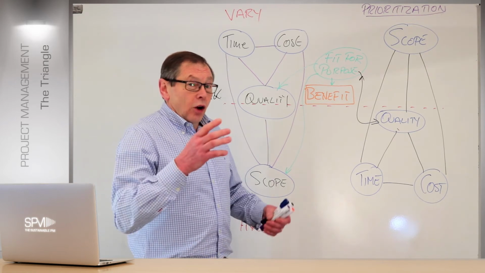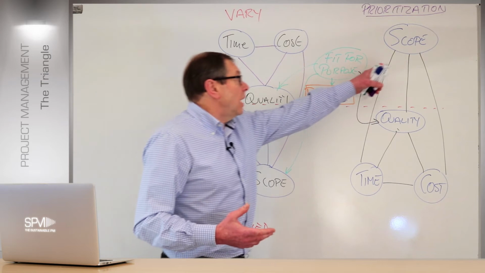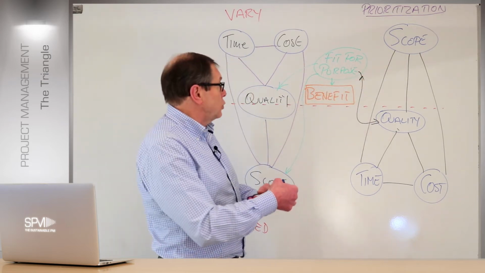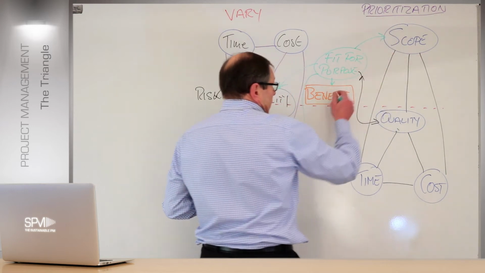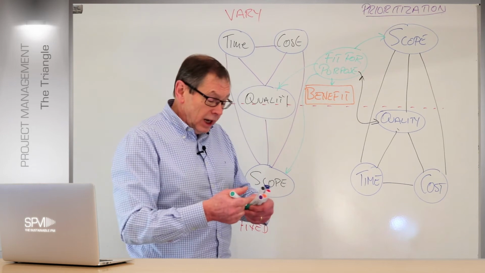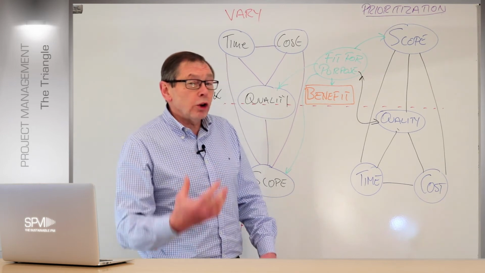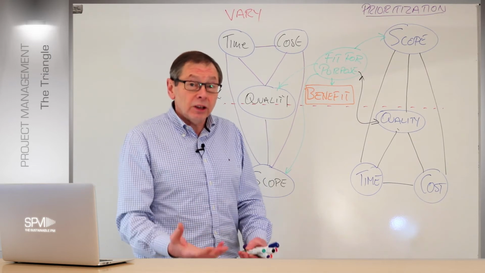So, what are we trying to do here? What's the purpose of all this? If I want to make sure that I deliver the fit for purpose solution, in this case, I make sure I deliver all the scope so it realizes my beneficial change and links to the quality of the solution, I need to understand really what are the core elements of the requirements that I need to get across the line, that I need to deliver, right?